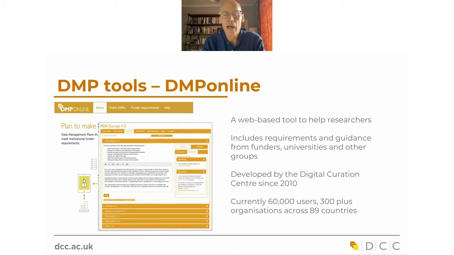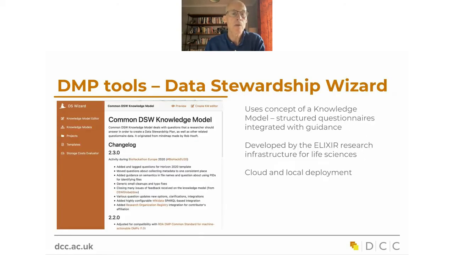The main offering of DMP Online is to give templates for the questions that funders expect you to answer, and it includes guidance from a number of sources, and you can pick and choose from the sources available. It's not the only tool.